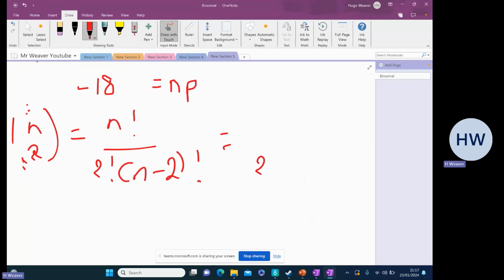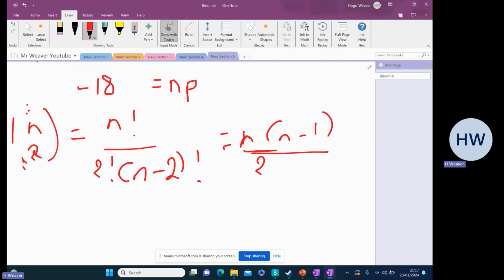Because you don't have that n minus 1 on the numerator, you're going to have n, open bracket, n minus 1. Okay, put that all over 2. So that's the choose position.